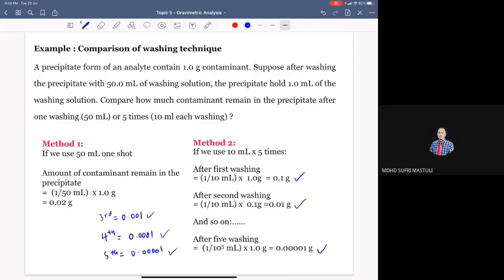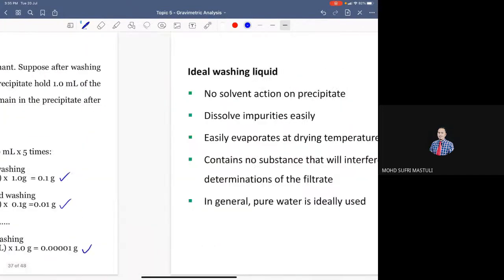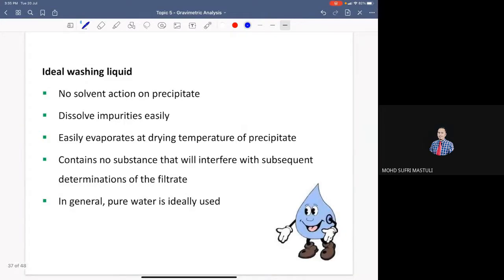The total volume of washing solution is divided into small portions.